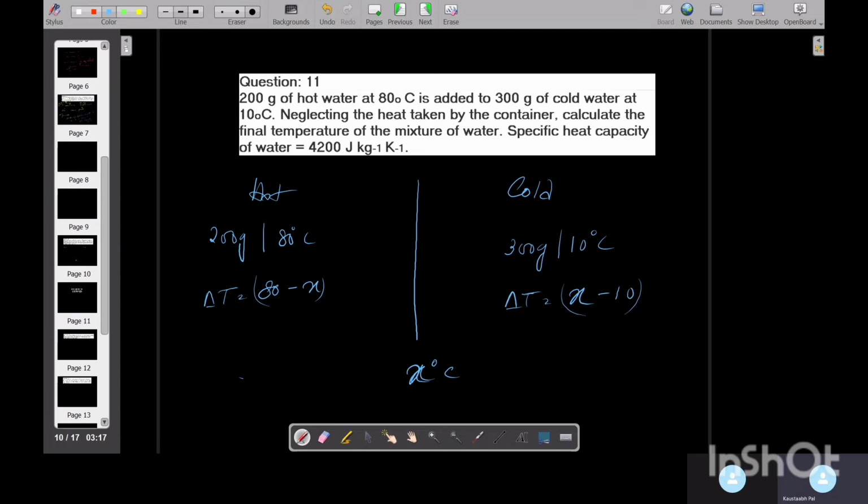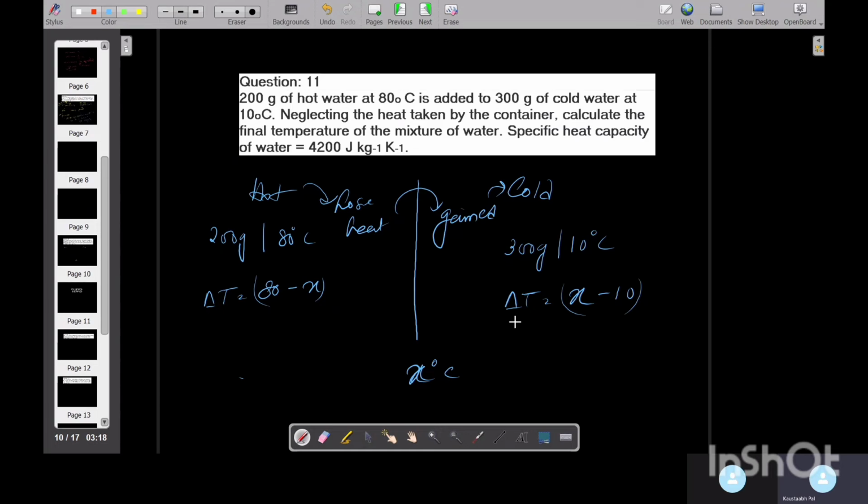I hope you understood. The hot body will lose heat, which will indirectly be gained by the cold body, so the cold body raises its temperature from 10 to x. Understood? The x here is the final temperature.